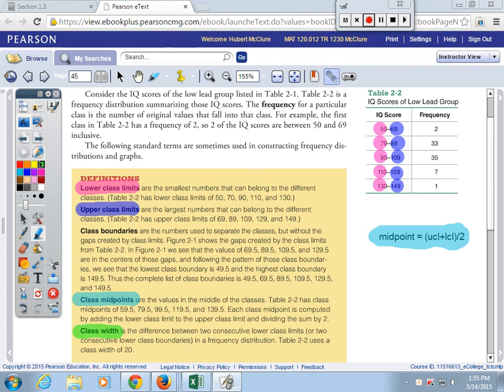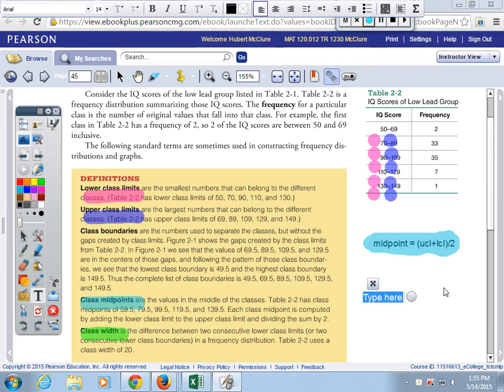Now, how do you get the class width? Well, you take your pick. You take the lower class limit of the second class minus the lower class limit of the first class, or the upper class limit of the second class minus the upper class limit of the first. I'm going to put some examples here. You're going to get the same thing.